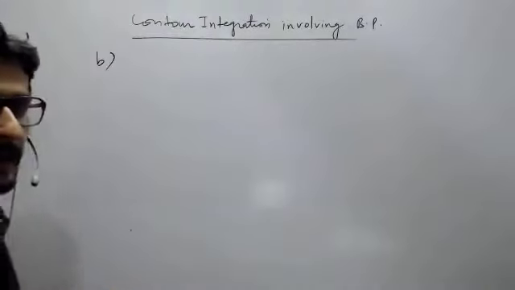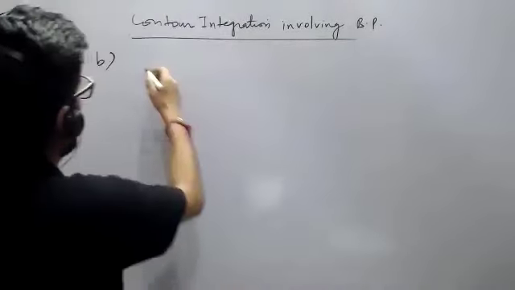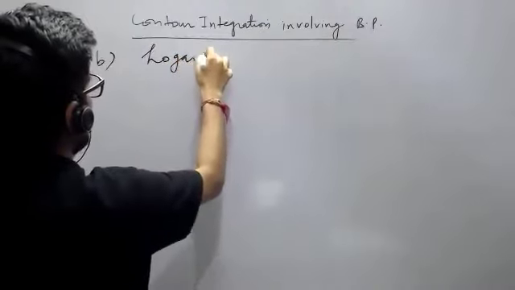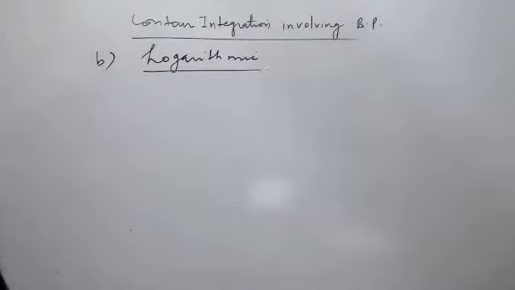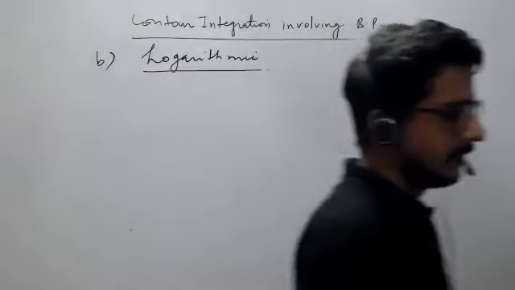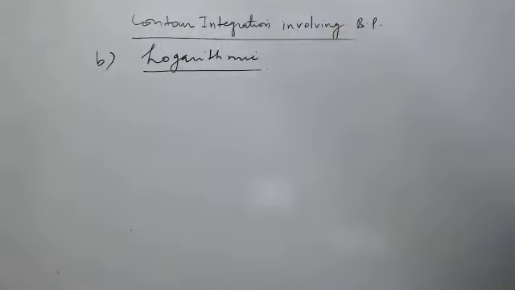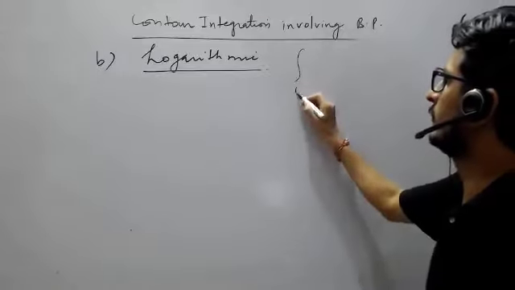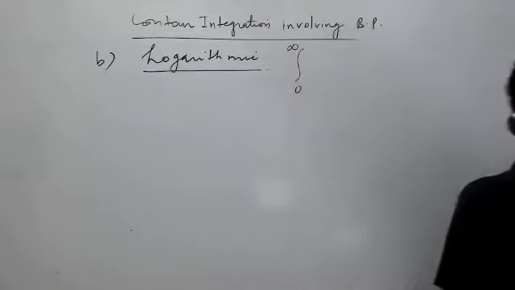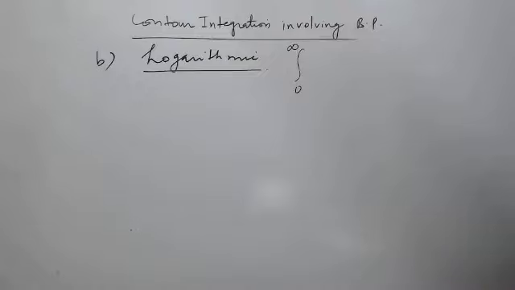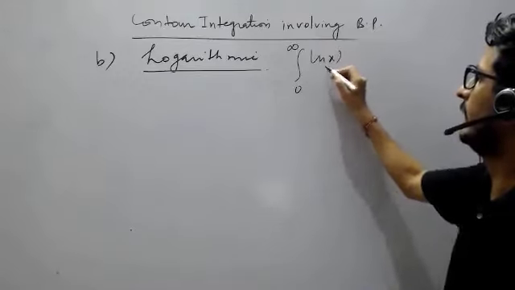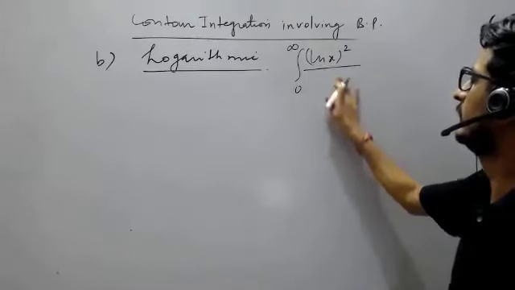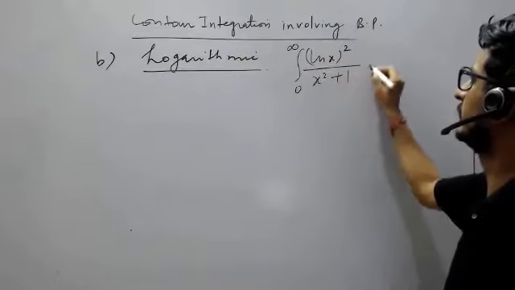Please see this. The B part: integrals involving log. Because log also has branch points. So that will be the second part, integrals involving log. Suppose I want to solve this integral from 0 to infinity of log of x square over x square plus 1 dx.